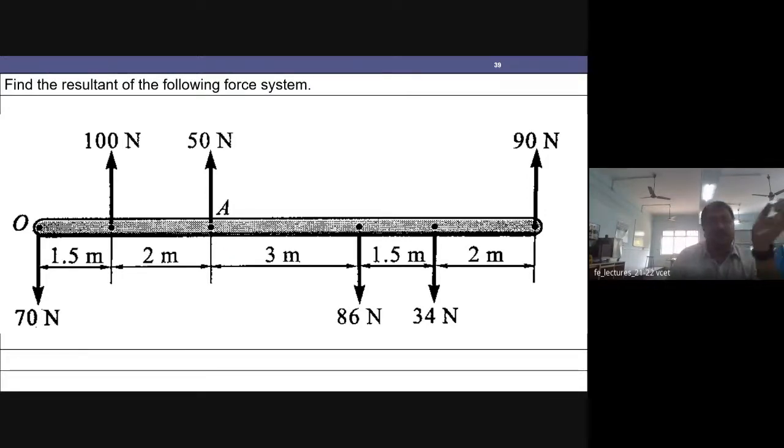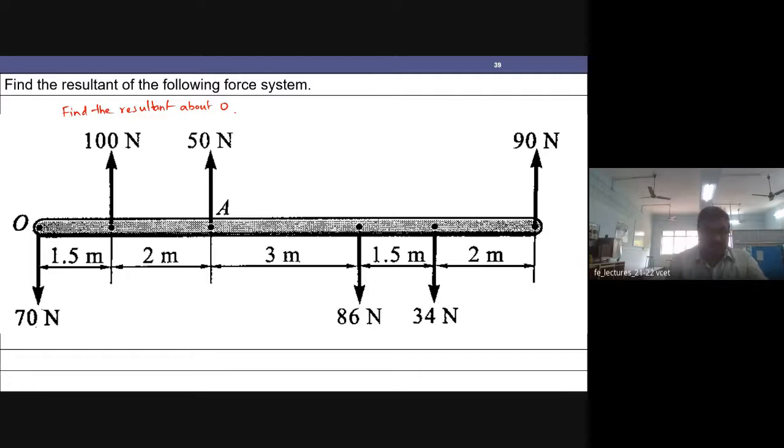Since nothing is mentioned about which point to mark the resultant from, let me take the point O. We'll find the moment effect about the point O.